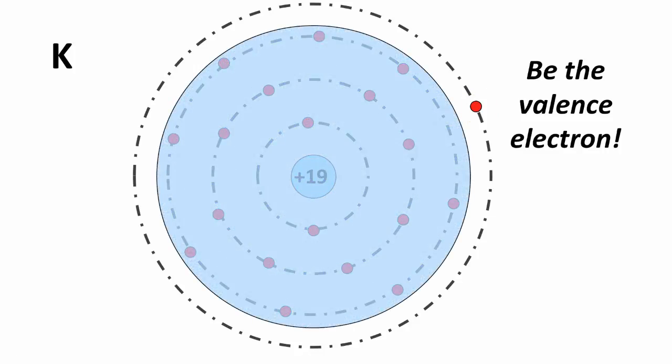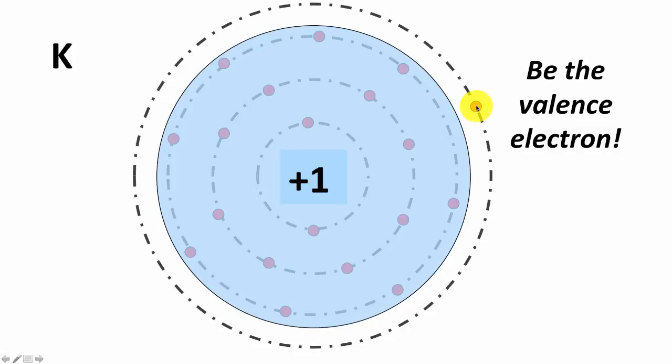So it has shielding as well, 1 more energy level worth of electrons shielding, but also a higher nuclear charge, and 19 protons surrounded by 18 core electrons. Once again, very, very roughly, is a +1 effective nuclear charge.